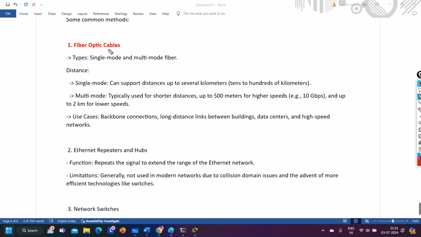We will talk about different connectors for optical fiber, right? The LC connector, SC connector, these connectors are used to connect optical fiber. And to connect optical fiber to a switch or router, you need SFP.